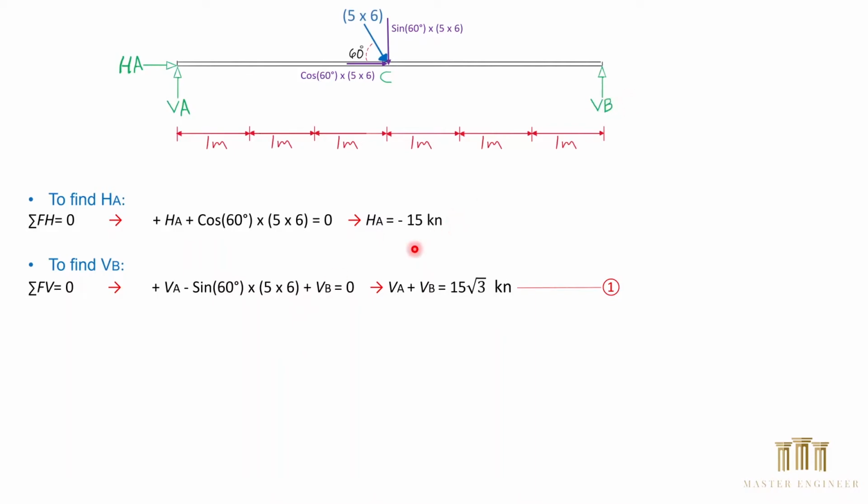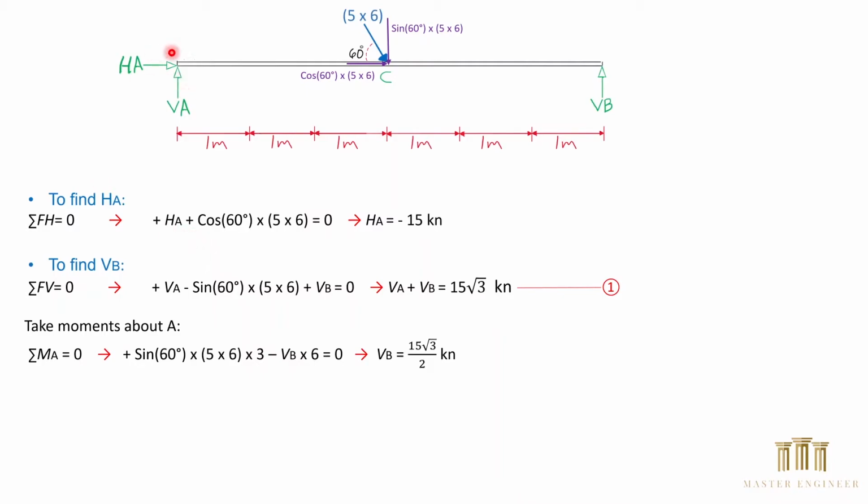And finally, positive VB acting upward. If you rearrange this, that will give us VA plus VB equal 15 multiplied by the square root of 3 kilonewton. Since we don't know the individual value of VA or VB, we call this equation number 1.